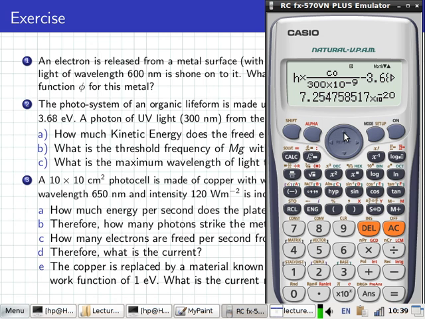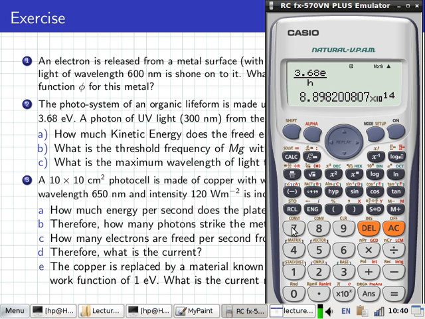The threshold frequency is the work function over H. H is 6.626 times 10 to the minus 34. That's the threshold frequency: 8.898 times 10 to the 14 hertz.